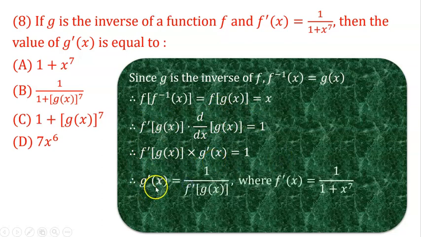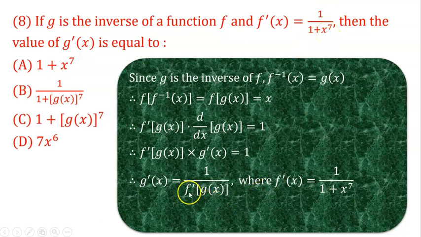And hence g dash of x is equal to 1 upon f dash of g of x, since this term is multiplied here and when it comes to the other side, it will be divided. We know the value of f dash of x. What is f dash of x? It is 1 upon 1 plus x raised to 7.